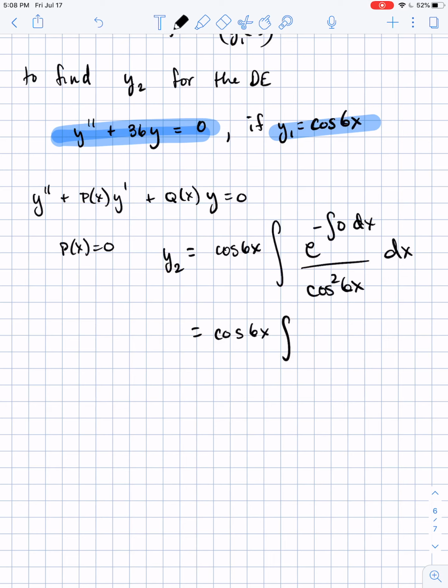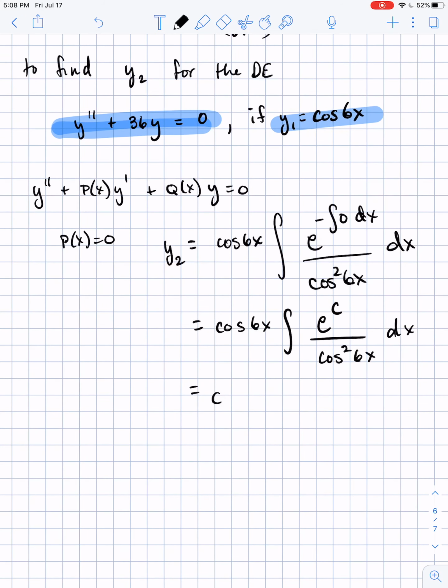What is the integral of a 0? That's just going to be a constant, so you have e to the c, I'm not going to keep the negative just because it's constant, over cosine squared 6x dx. Now, since e to the c is constant, okay, that's going to wind up just being a constant.